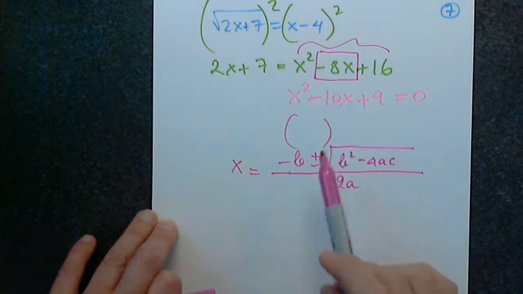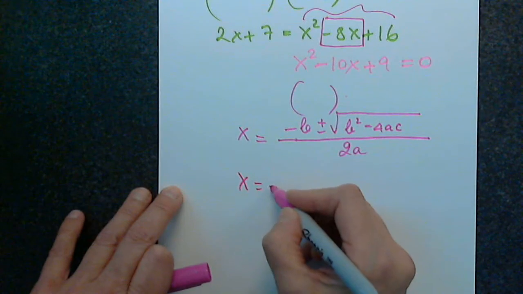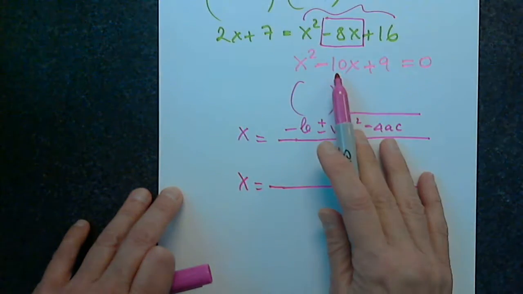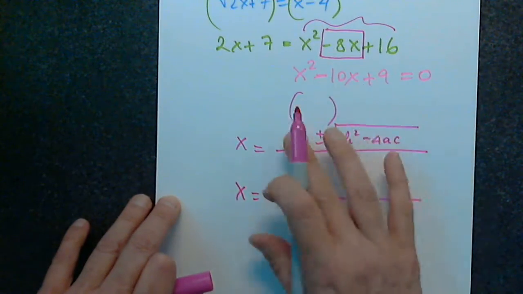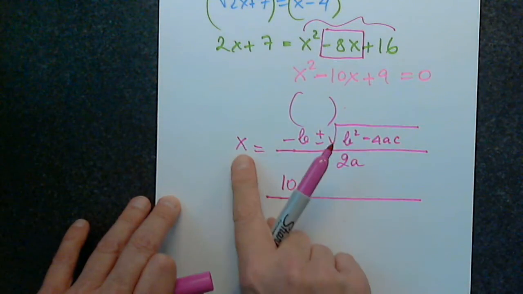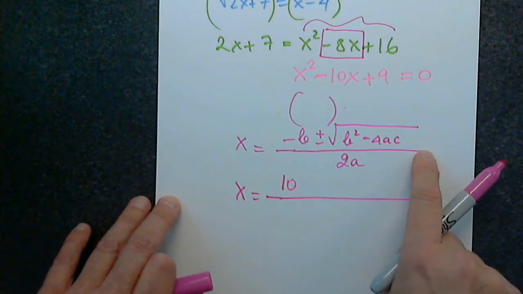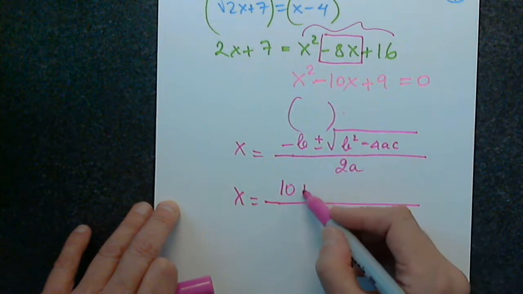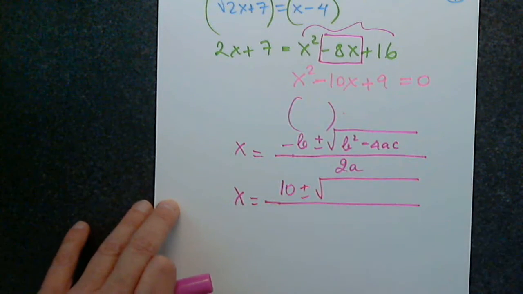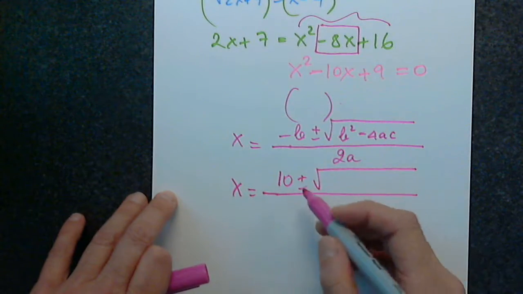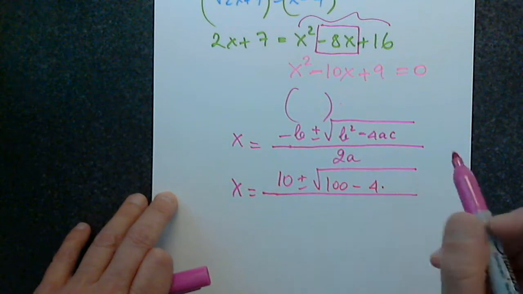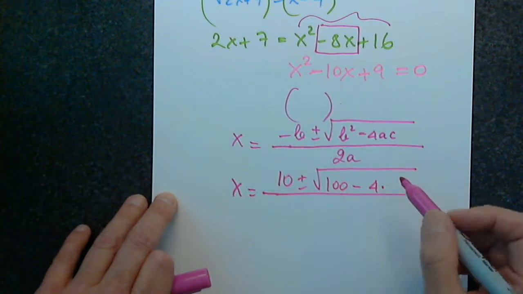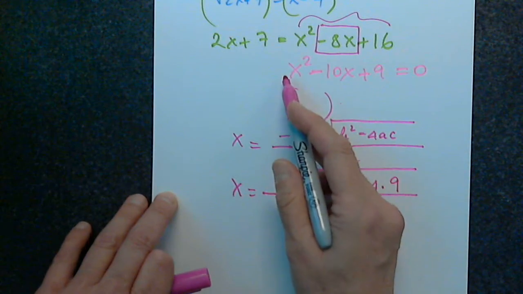So, negative b. Negative b is? Negative 10x. It's 10, not x. There is no x here. X is right here. So, plus or minus the square root of b squared, which is 100, minus 4 times 1 times c, over 2 times a.